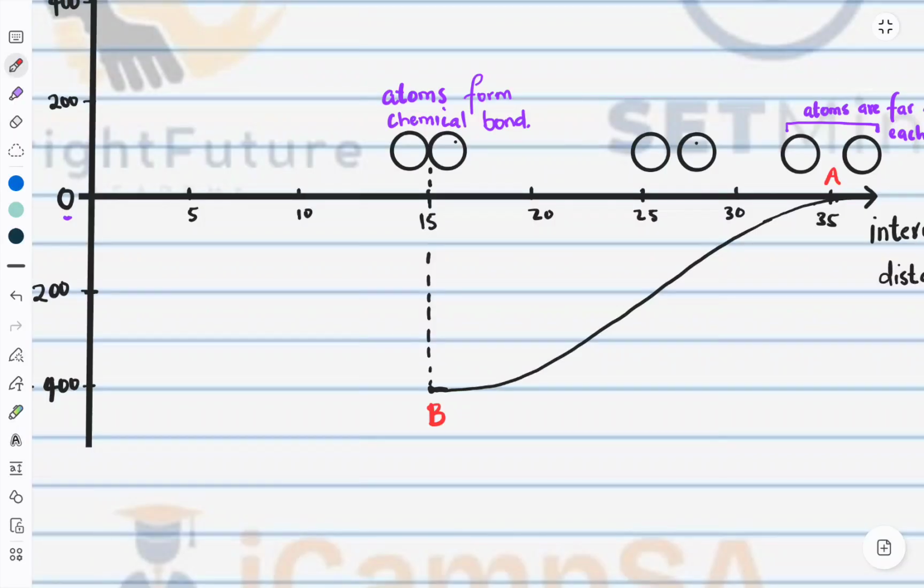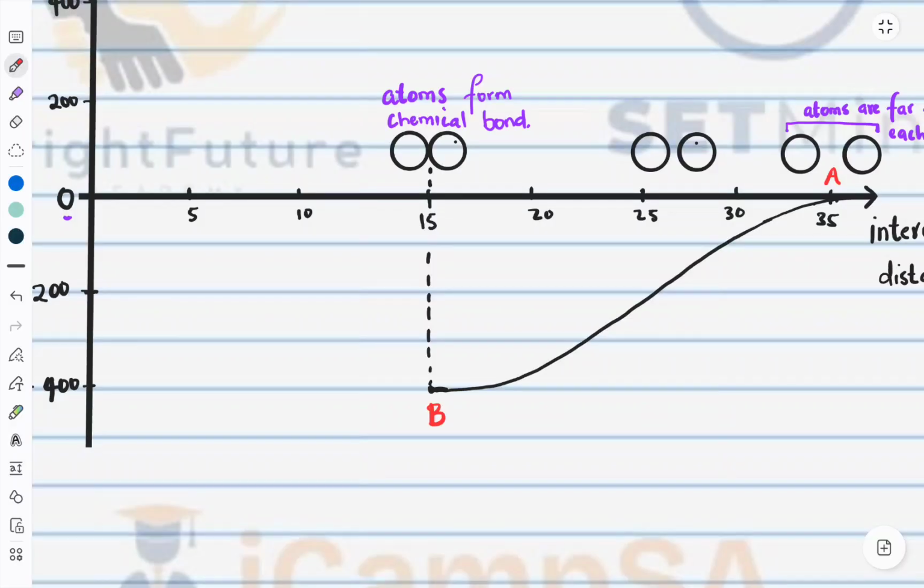The potential energy is at the lowest possible value. We call it a minimum value. And then we say that these atoms have reached a stable state. They are very much stable now.